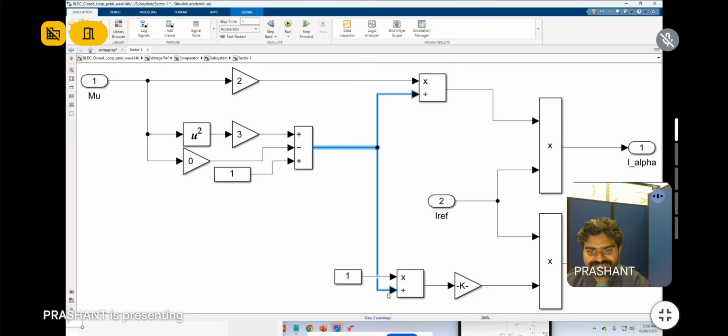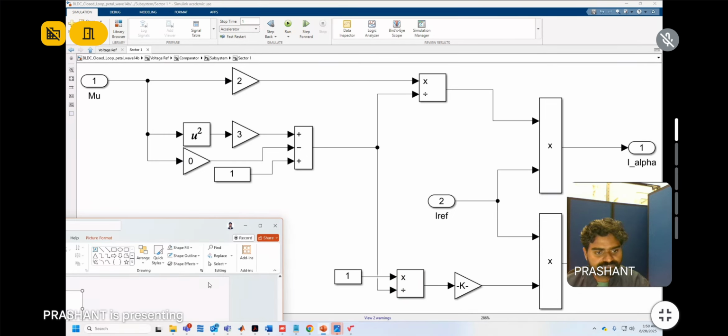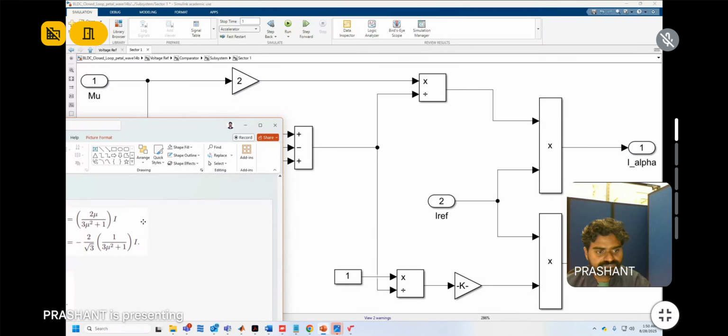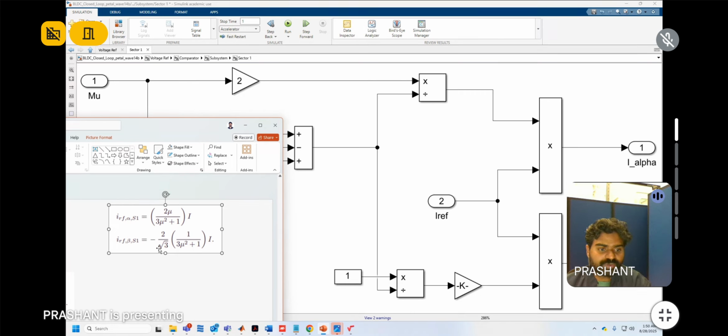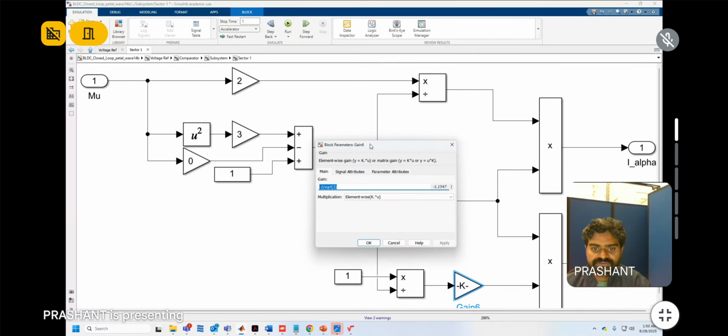So we are taking 3 mu square plus 1. Now 1 upon 3 mu square plus 1. This part is completed, into minus 2 by root 3. So this is again a value, minus 2 by root 3.